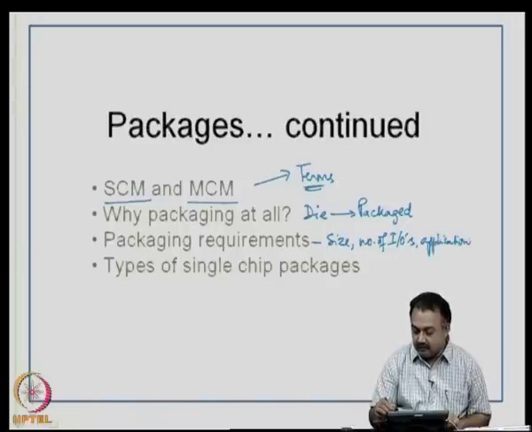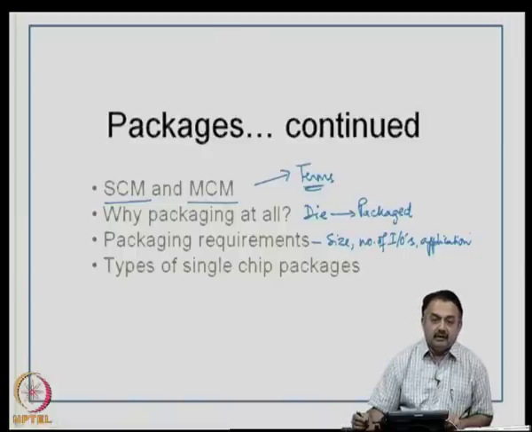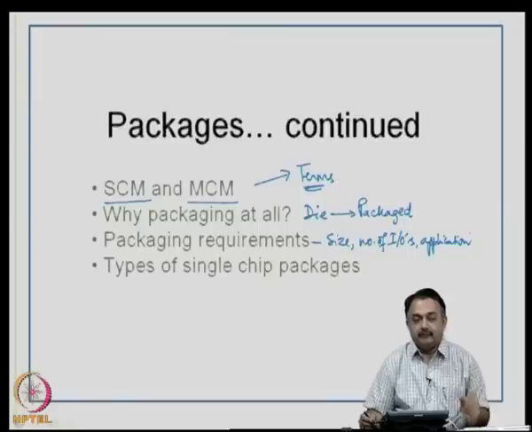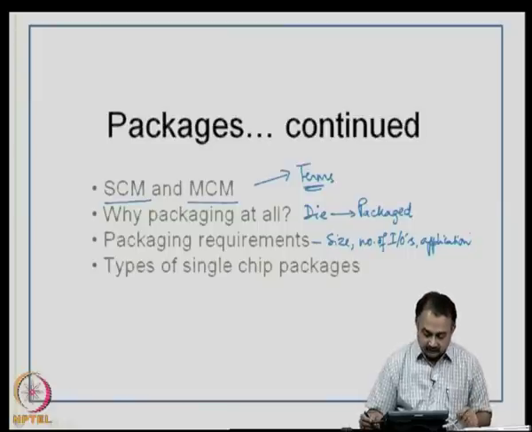So, accordingly you can have different materials that can be used to package the die. So, it can be a plastic package, it can be a ceramic package, and therefore, the cost and economic factors also play a part when you do the packaging of these tested known good dies.